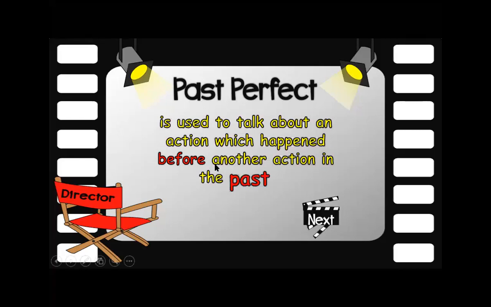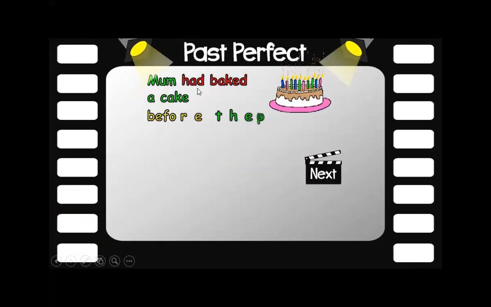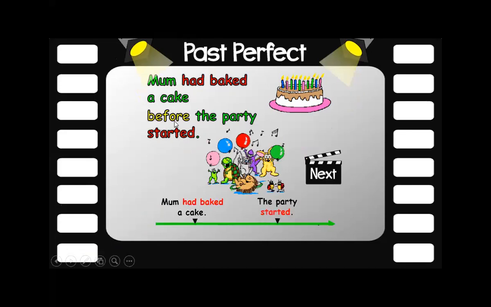Let's see an example. Mom had baked a cake before the party started. Focus on the timeline here. Mom had baked a cake. This is an action. What is the other action? The party started. These two actions happened in the past, but there was an action that happened first.